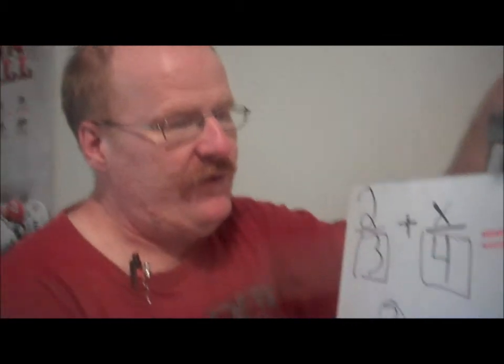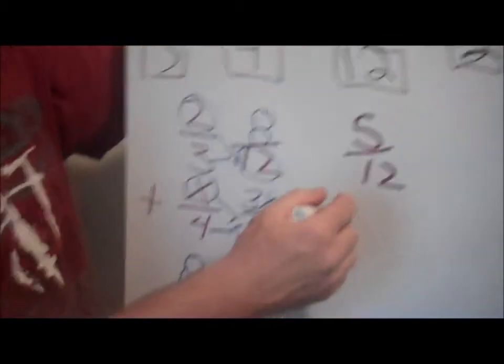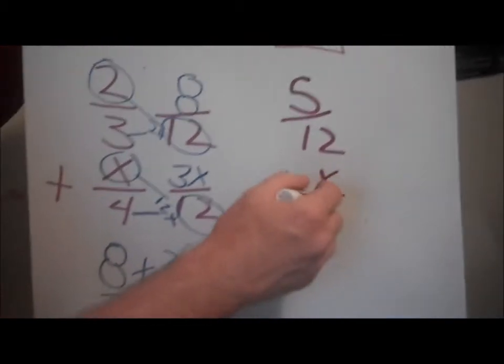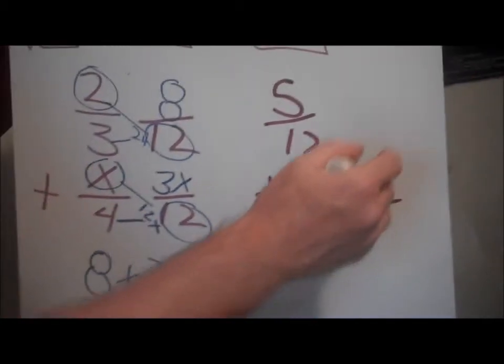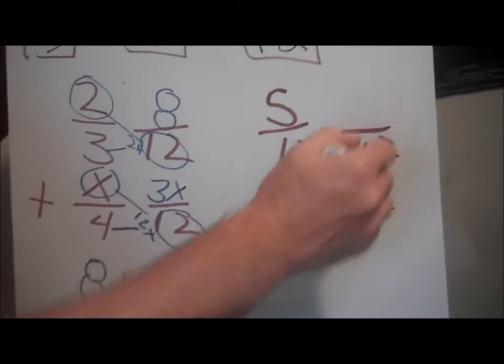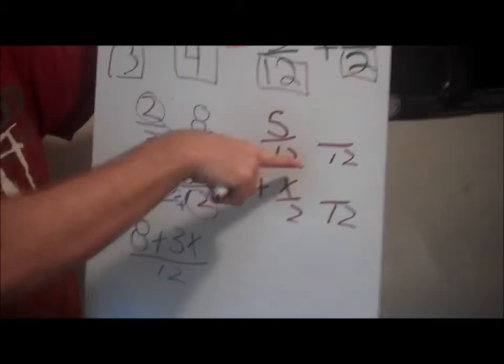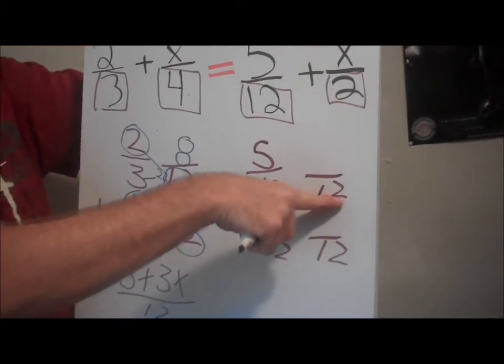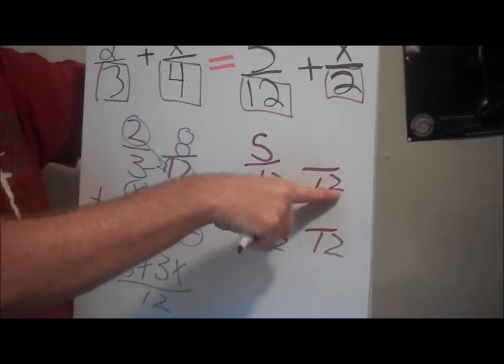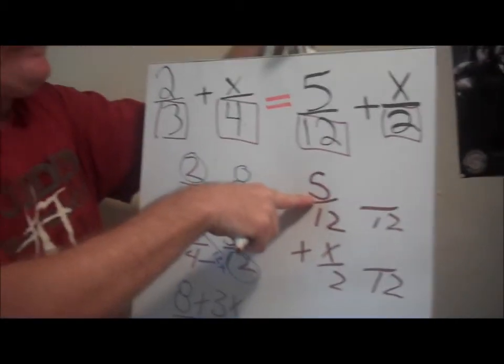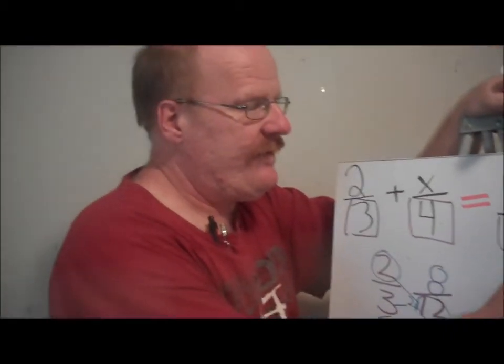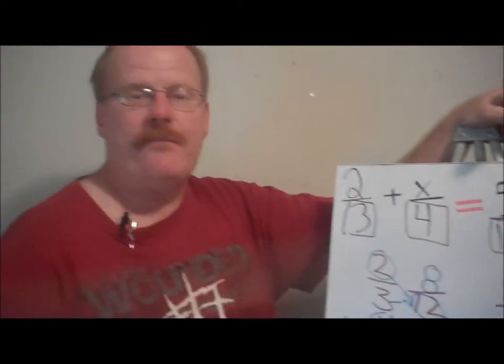For the second side, we can follow the same suit. We can first put our fractions in vertical form. 12 will be our common denominator. And look at this. When the bottom numbers are the same, the top numbers are the same, so we're already done up there.